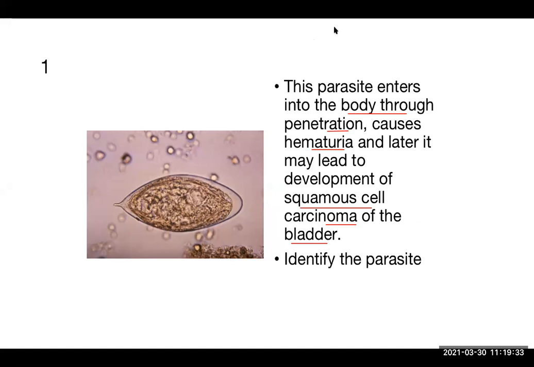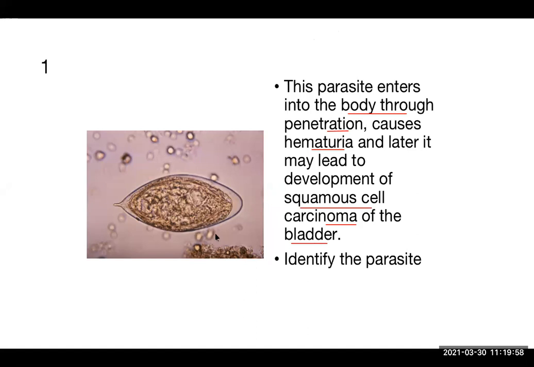Whereas squamous cell carcinoma occurs if there is chronic irritation or chronic infection going on inside the urinary bladder. This is because of metaplasia of the transitional epithelium towards squamous epithelium, and Schistosoma haematobium is one of those organisms.